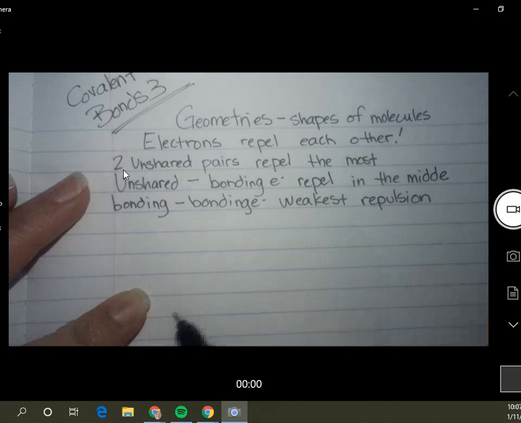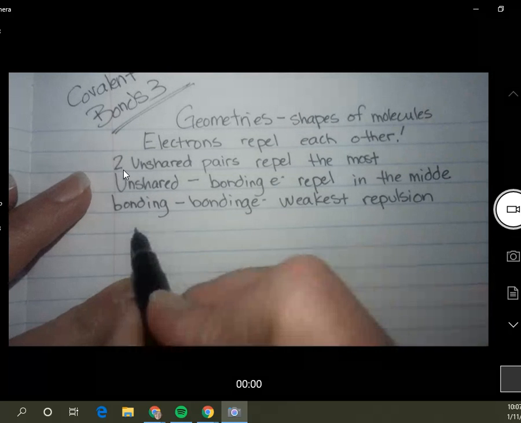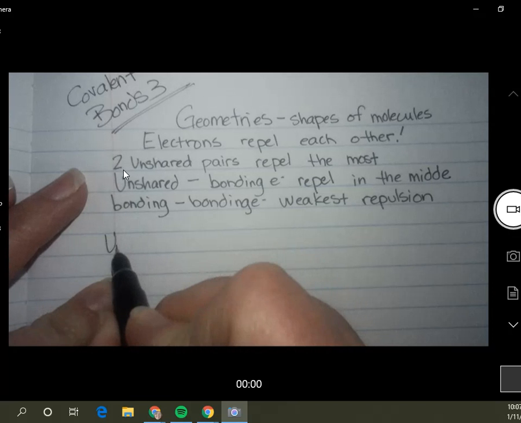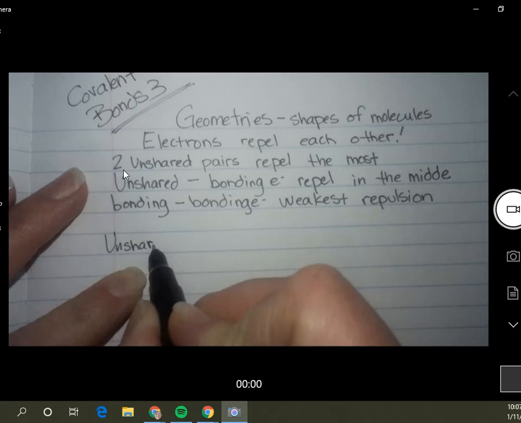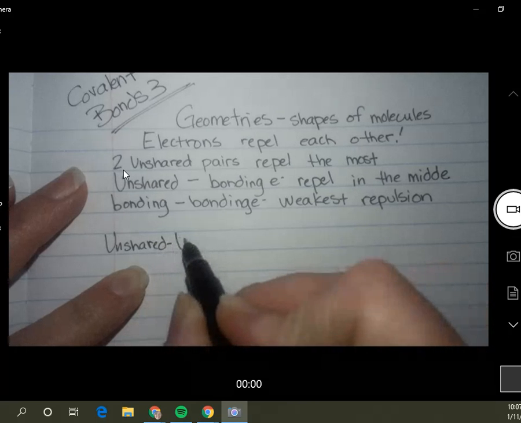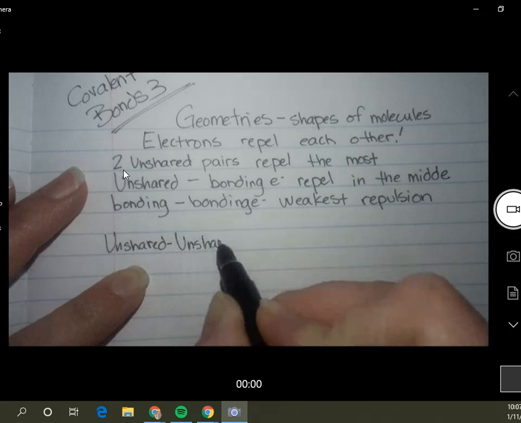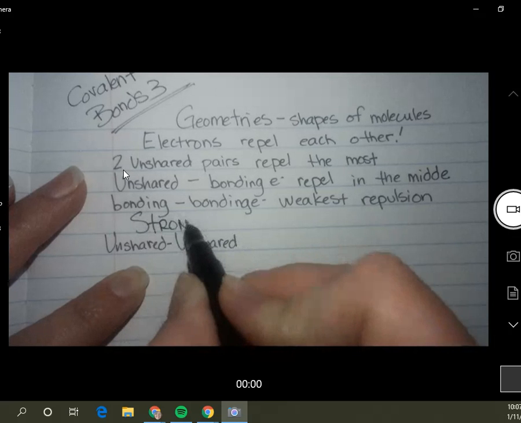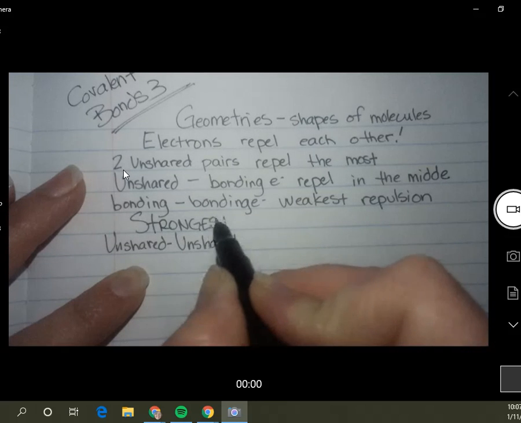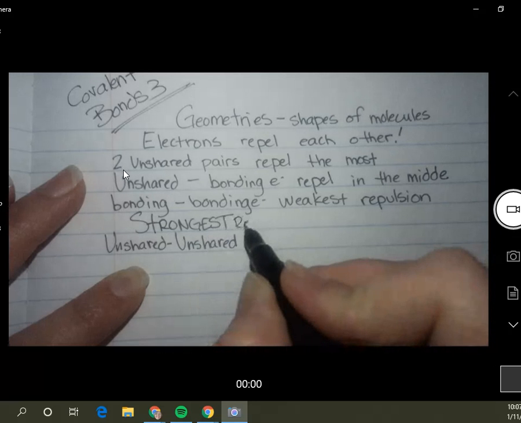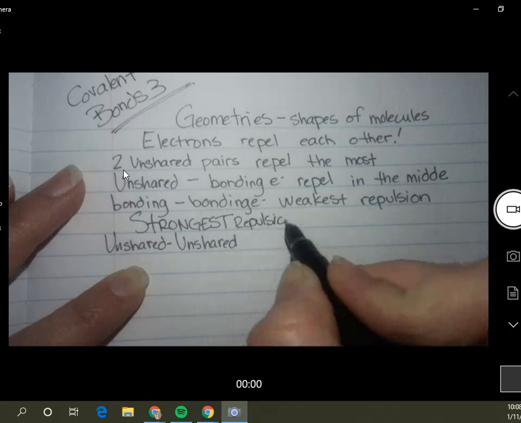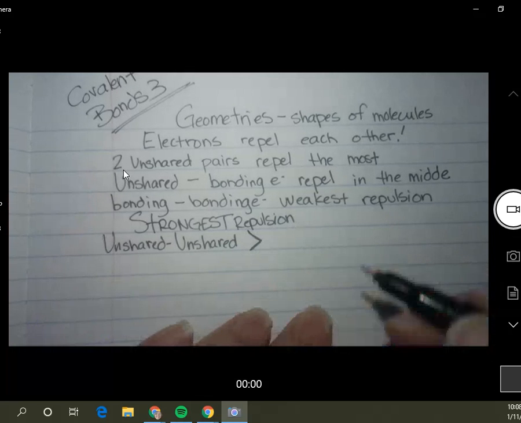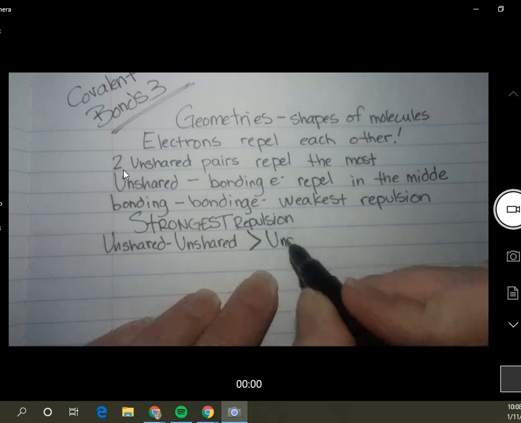So if you were to visualize the strength of repulsion, you would have unshared to unshared is the strongest. It's the greatest. So we'll do a greater than sign. And then unshared to bonding.